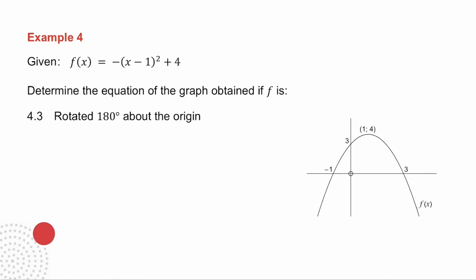In the final example, I asked you to determine the equation of the graph if it is rotated 180 degrees about the origin. Now imagine you take the origin and you take a piece of string to that turning point. You're going to rotate it 180 degrees. Now whether you rotate it clockwise or anti-clockwise doesn't matter.